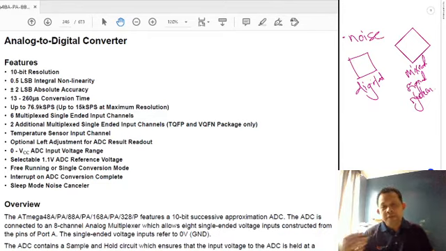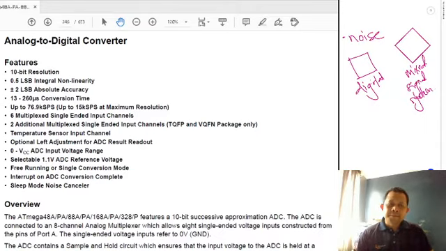And also you can hear my voice, where you have a microphone inside my computer, and therefore you want to convert my analog voice to digital.